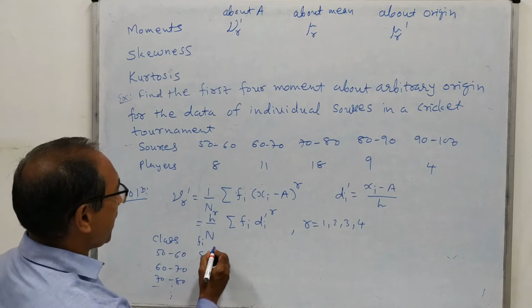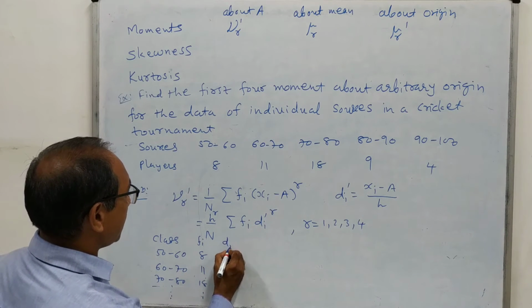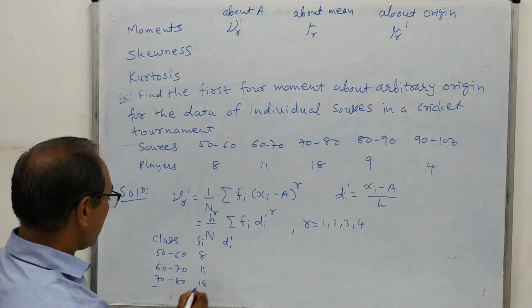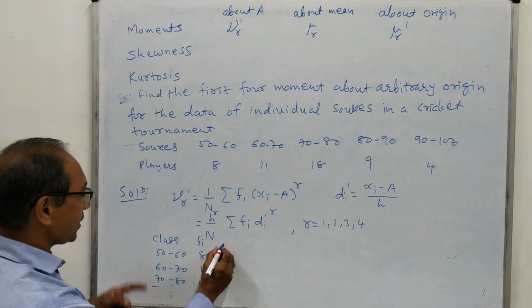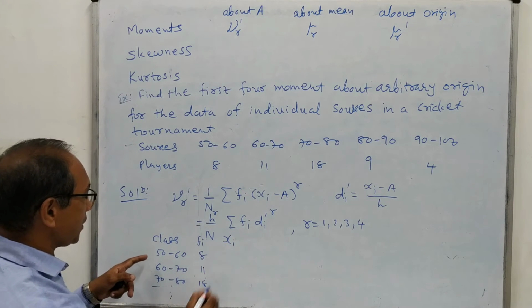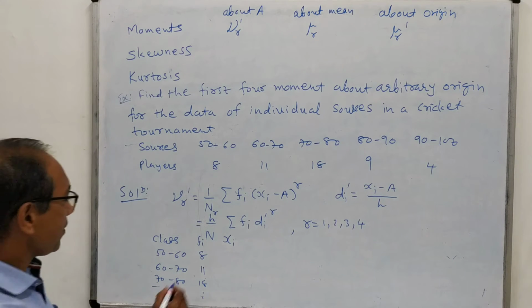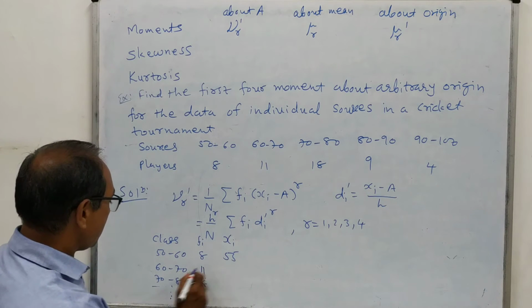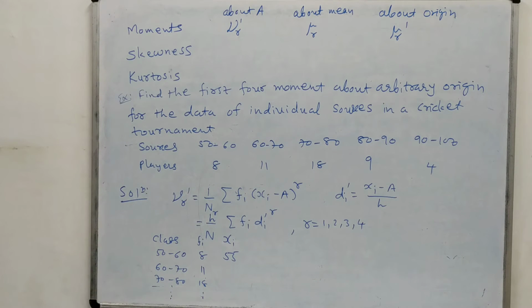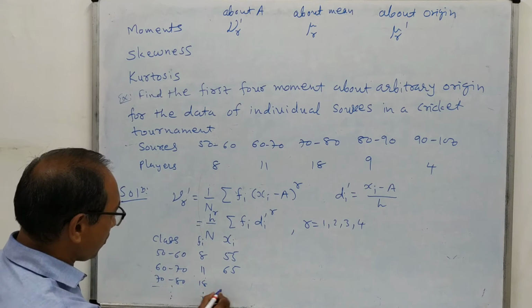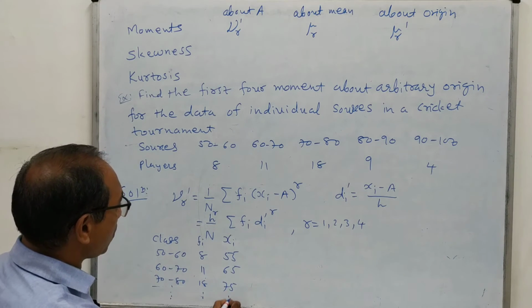Di dash is xi minus a upon h, so before finding di dash, we will find out xi, that means the mid values. 50 plus 60 is 110 divided by 2, that means 55. 60 plus 70 divided by 2, this is 65. 70 plus 80 divided by 2, this is 75, and so on you can find.